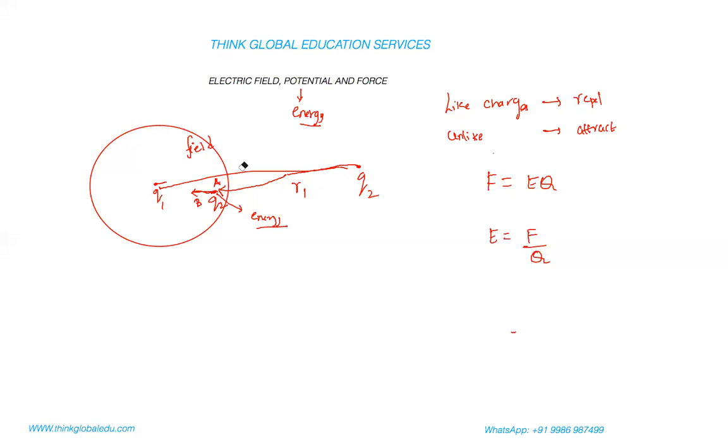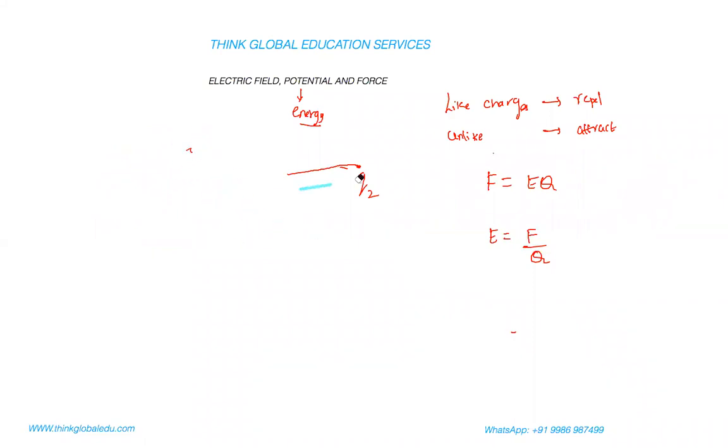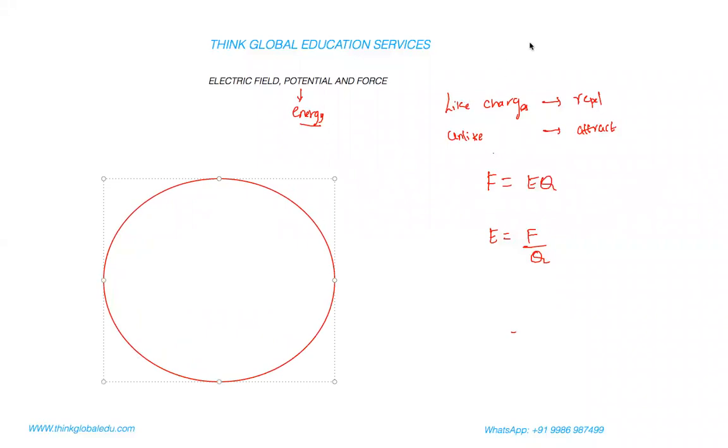So what we can do is that we can represent it in a different way. That is, we can represent the potentials as concentric circles around the charge. For instance, let's say this is the electric field due to a charge which is at the center here, middle.